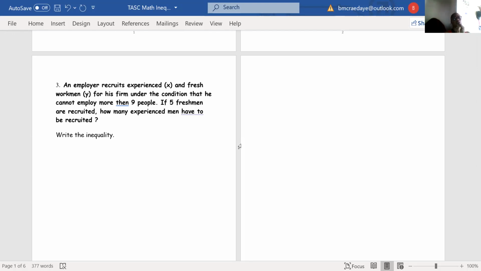So therefore it's X plus Y. Okay, very good. That's the small x because X represents the experience, and Y represents the freshman. And what's the inequality symbol?